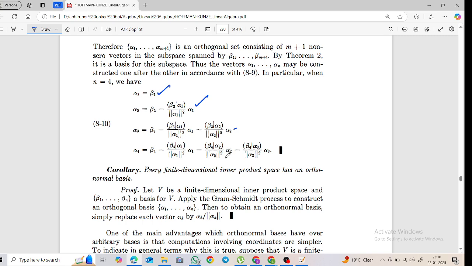The idea is that for every finite dimensional space, you choose a basis, then by Gram-Schmidt orthonormalization you obtain an orthonormal basis.